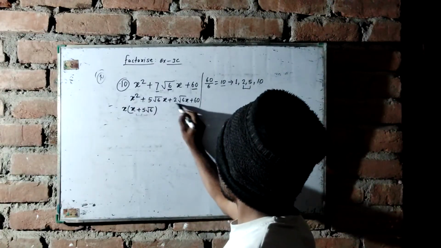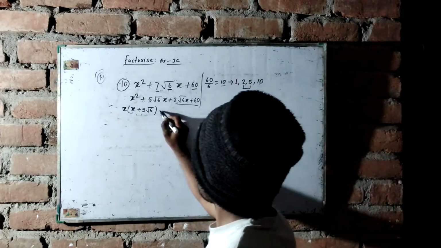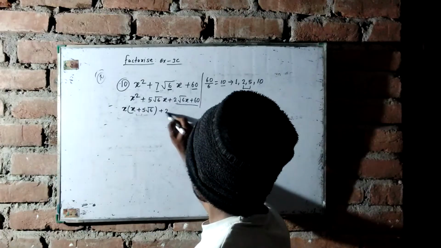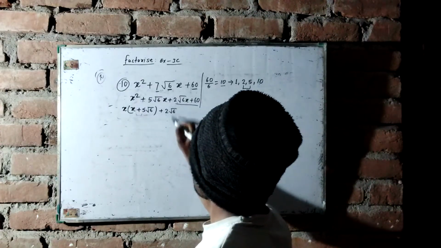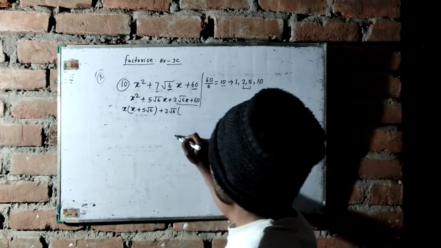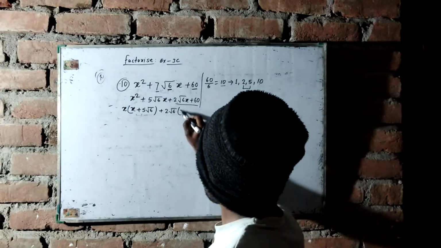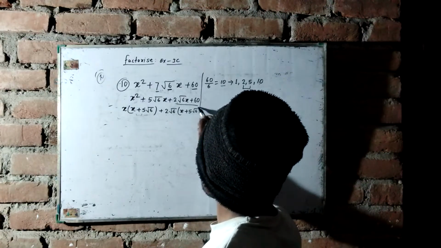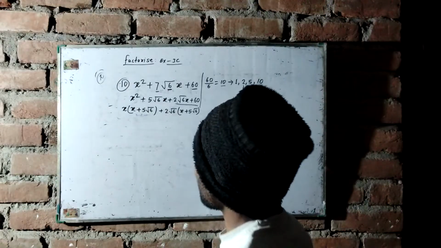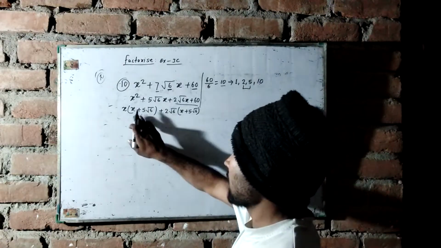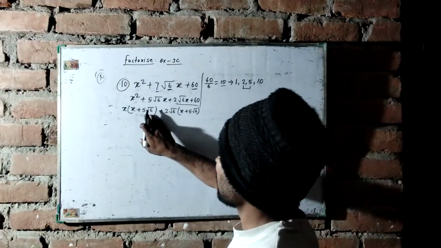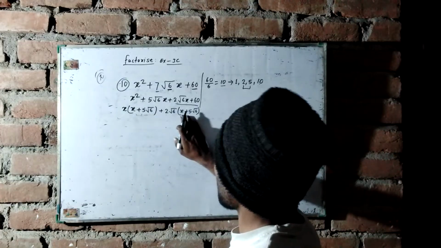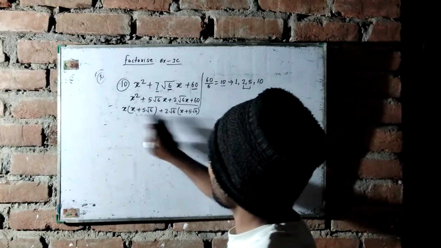Now we can take 2 under root 6 as a common and we can write x plus 5 under root 6 as a multiple. Now we can see x plus 5 under root 6 and x plus 5 under root 6 are present in both terms.